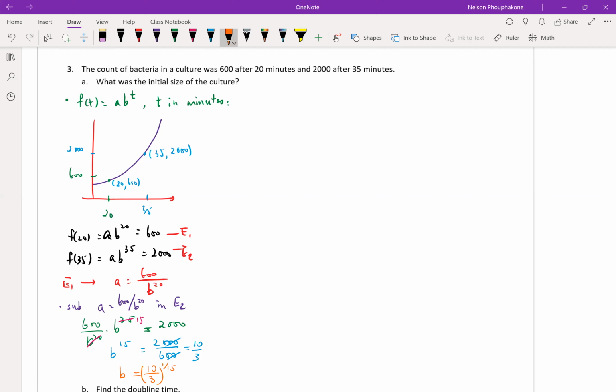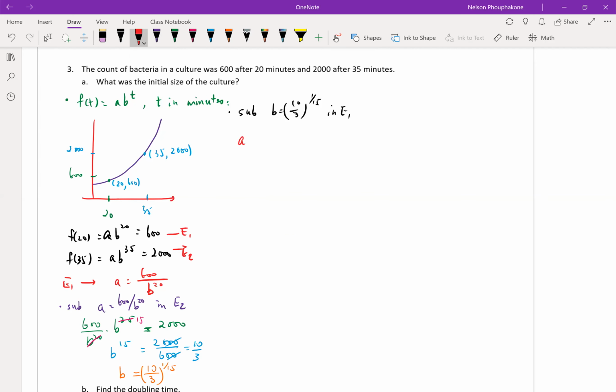After we find b, then of course we will be able to find a now, right? So we use 10 over 3 raised to the power of 1/15 in E1. Again, this step is we are using b to find a.